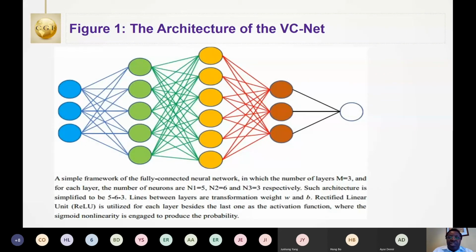This architecture of VCNet can be captured as a function f(x) = Wx + b, where x is the output of the previous layer, and W and b are parameters to be learned to build the affine transformation.